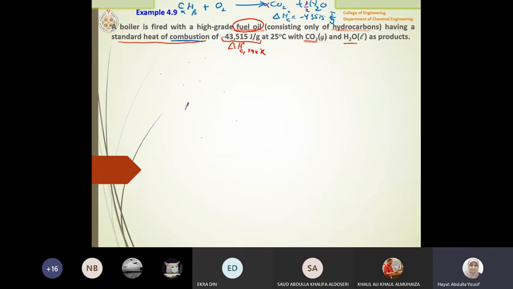And with regard to oxygen, I have to put a number there to balance it. So let's see how much I have in the product. In the product, I have 2 alpha of oxygen from CO2, and beta over 2 of oxygen from water. So the oxygen in the product is 2 alpha plus beta over 2.